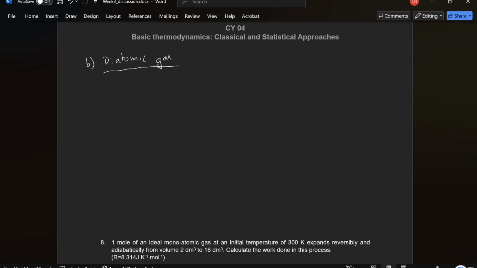Now, since it's a diatomic gas, let's leave the vibrational degrees of freedom out of it. That's not required. We'll have 3 translational and 2 rotational degrees of freedom. So basically 5 degrees of freedom. So U is going to be 5 by 2 kBT or RT, whichever we can use.